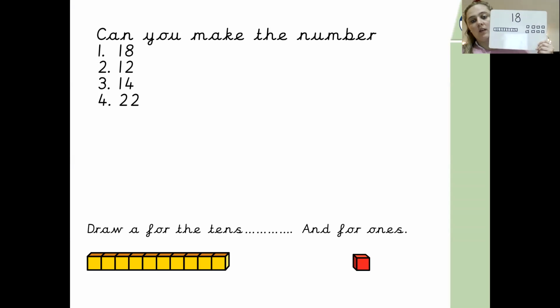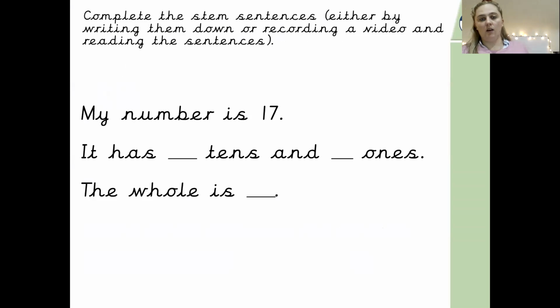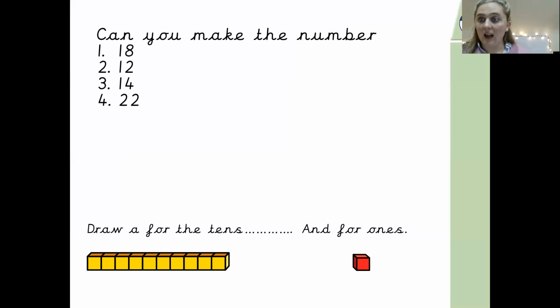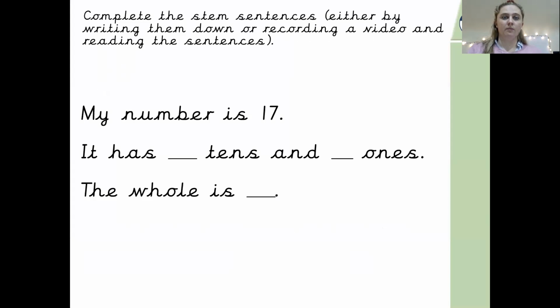Sorry, pause me and come back for the next part when you're finished. Okay, the next part, you've got 2 options. You can either write this STEM sentence down or record yourself saying the STEM sentence, filling in the missing numbers.